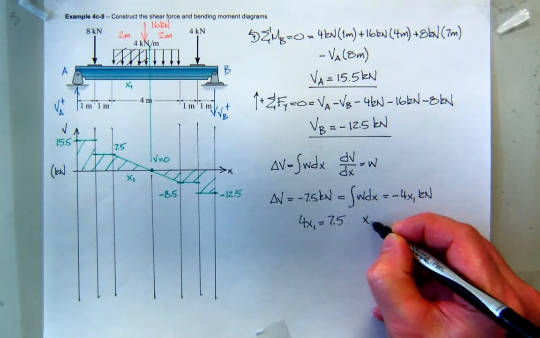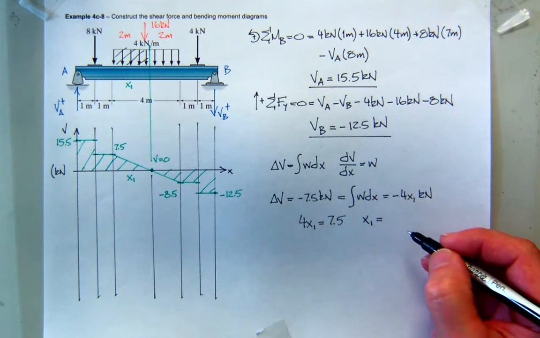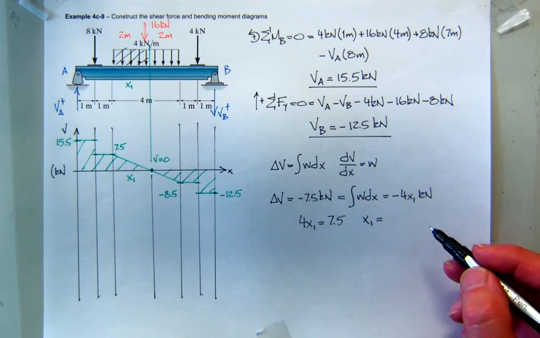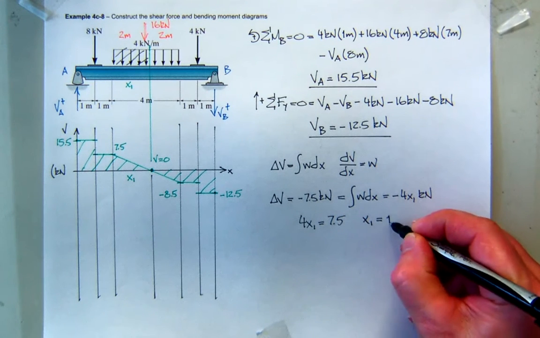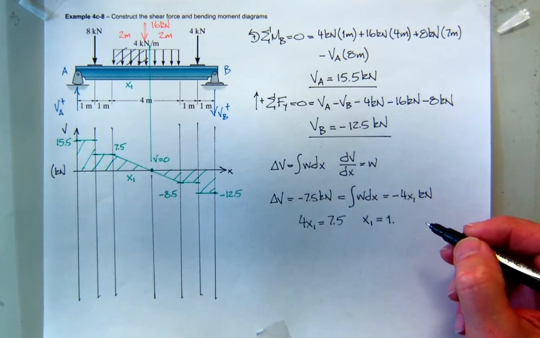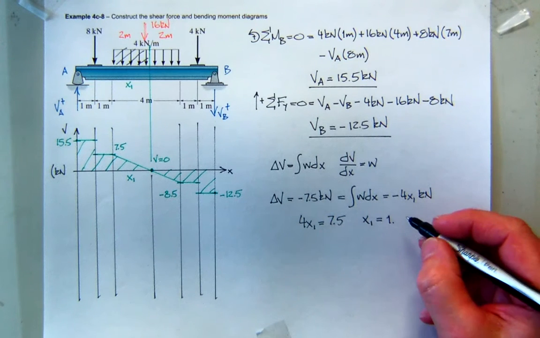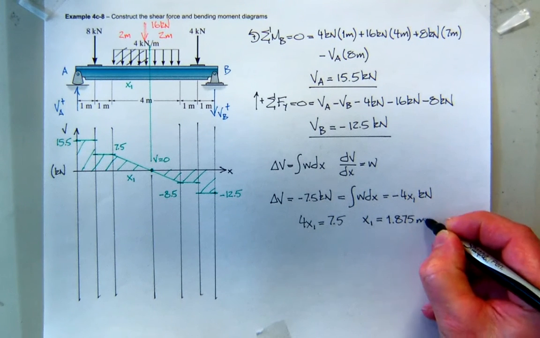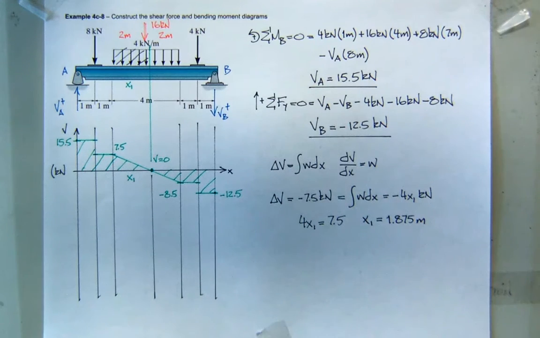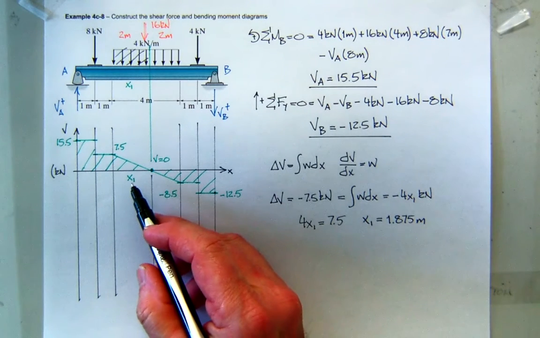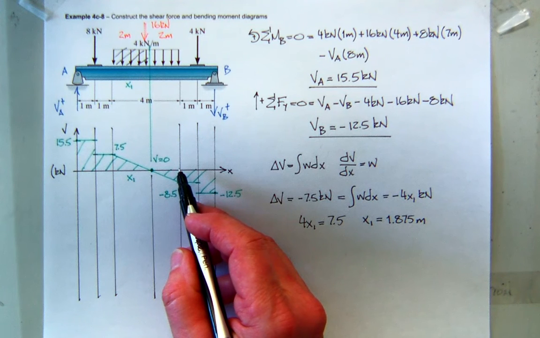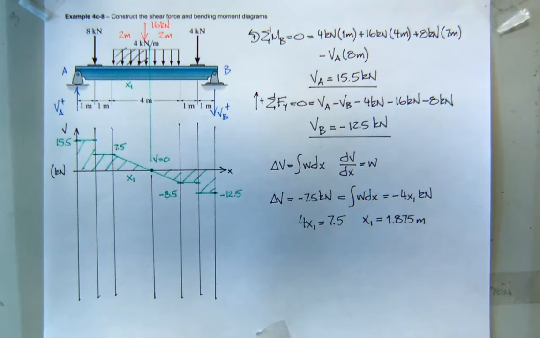So x1 is equal to, what's 7.5 divided by 4? 1.875, and that would be meters. So if this is 1.875 meters, this section is 4 minus that, or 2.125 meters.